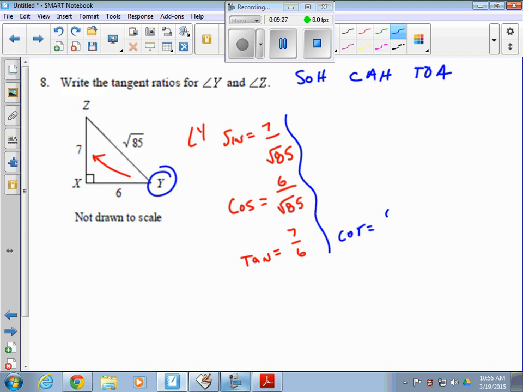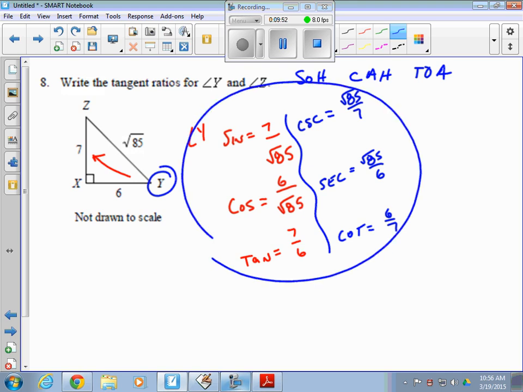It's just the inverse, 6 over 7. Secant goes with cosine. It's the inverse, square root of 85 over 6. And cosecant goes with sine, square root of 85 over 7. That's all angle y. A lot of answers to go with angle y.